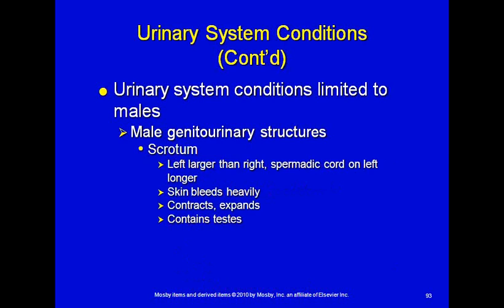Typically the left testicle is larger than the right because the spermatic cord is on the left and it's a little longer. The scrotum itself is quite vascular, so when nicked or cut, it does have a tendency to bleed heavily. It does contract and expand and contains the testes.